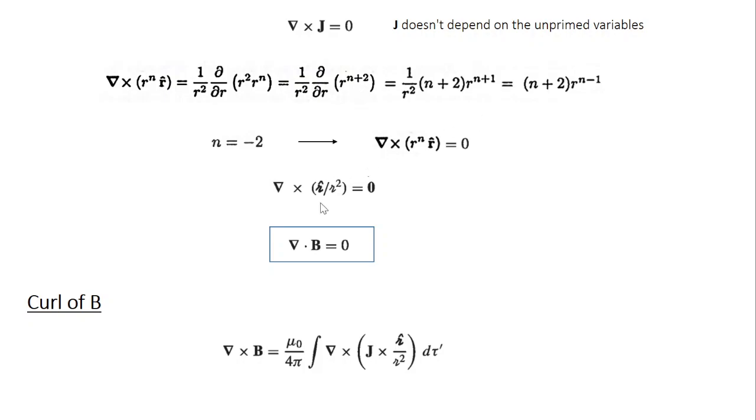Now if you compare this with our given function r to the power minus 2 into r cap, the value of n is equal to minus 2. If you substitute for n in this expression, n equal to minus 2 plus 2 will give you 0. So the value of curl of r cap divided by r square equal to 0.